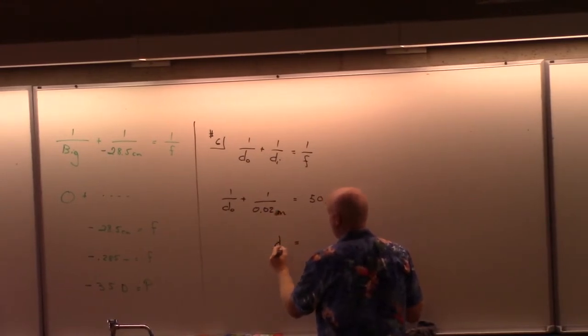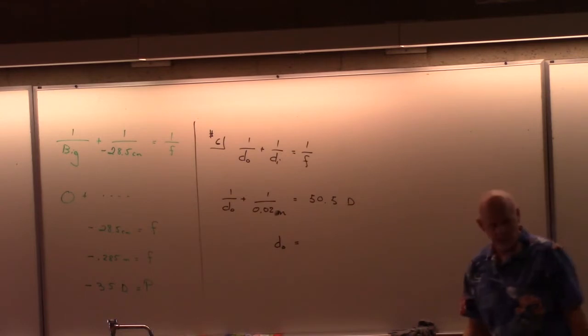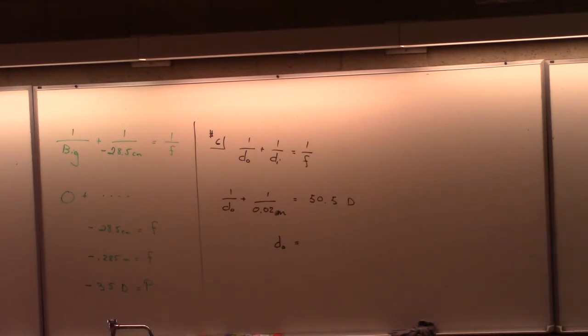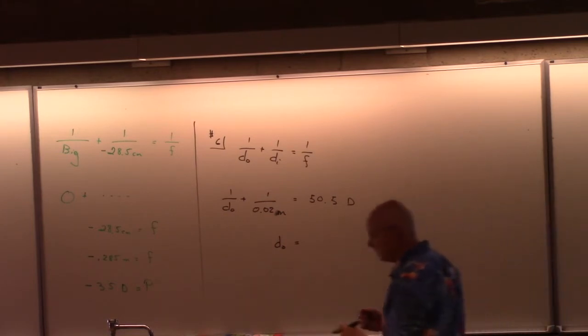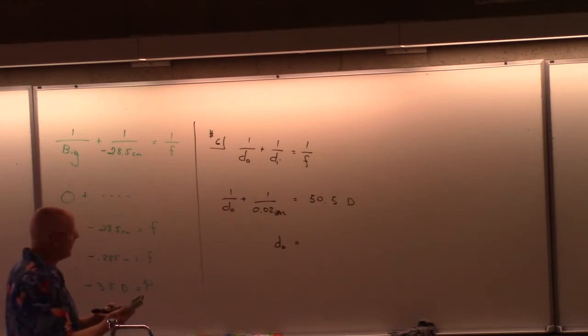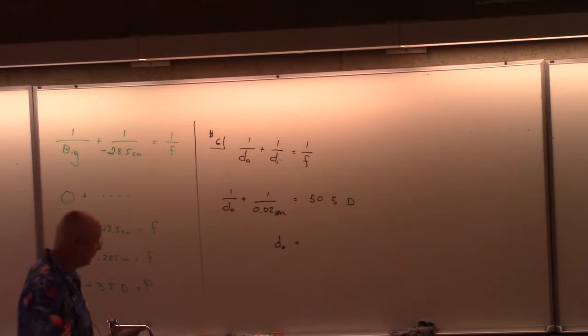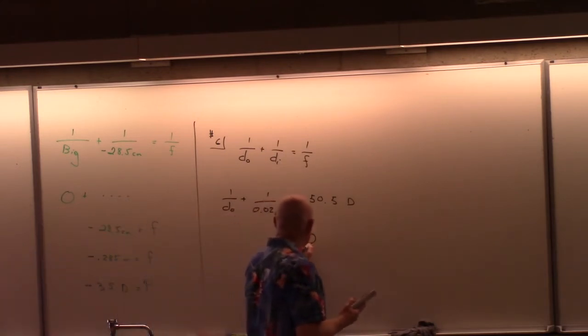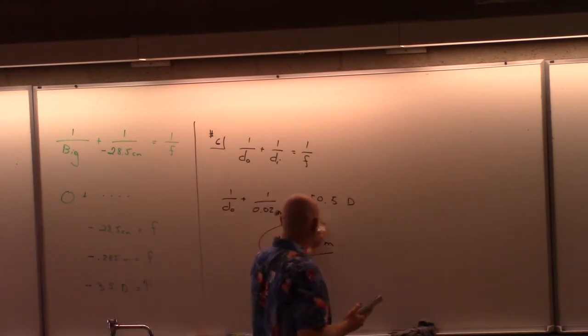And so there is going to be some mathematics telling me what is the furthest this object is. I have a 50.5 minus a 1 divided by 0.02, and I will take the reciprocal, and it looks like we're looking at about 2 meters.